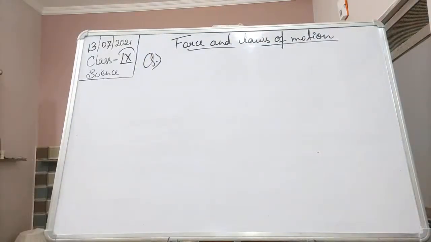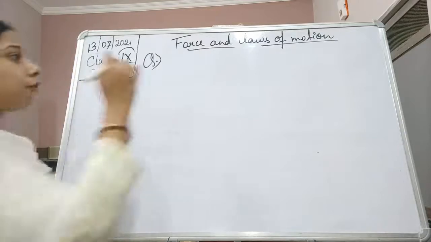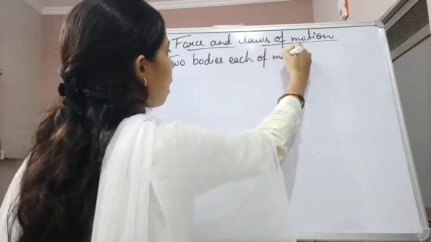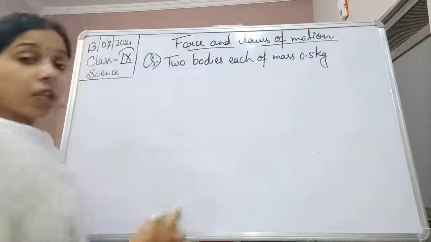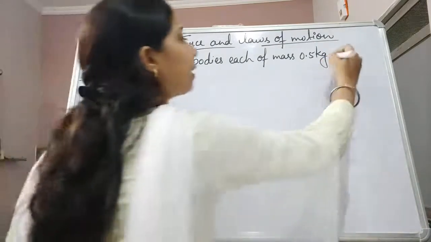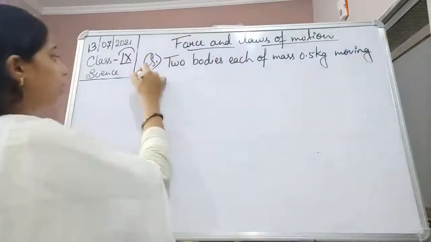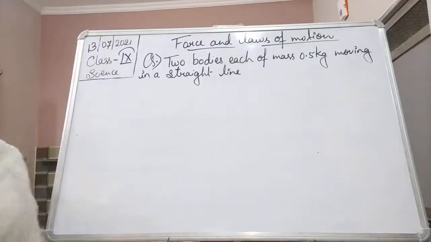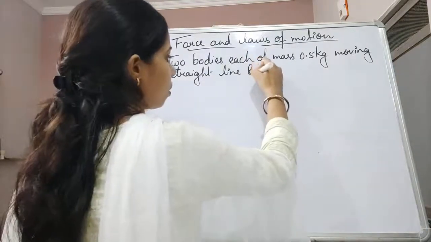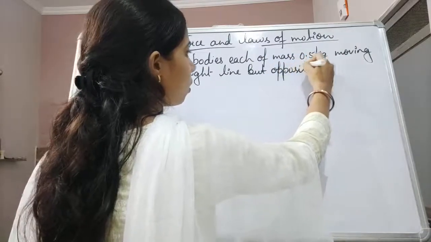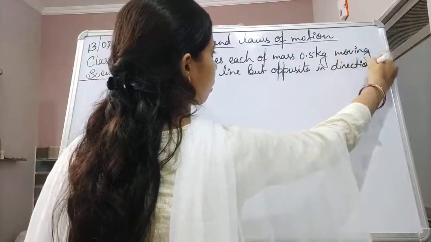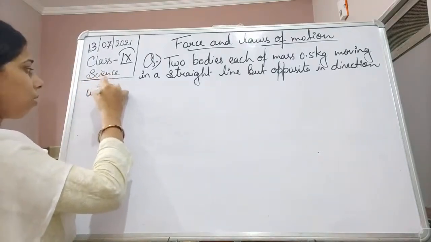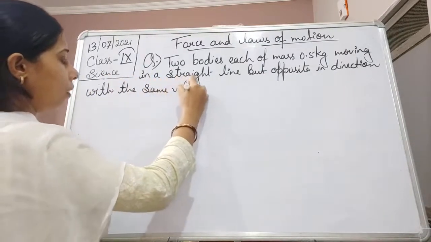There are two bodies, each of mass 0.5 kg, moving in a straight line, but opposite in direction, with the same velocity.